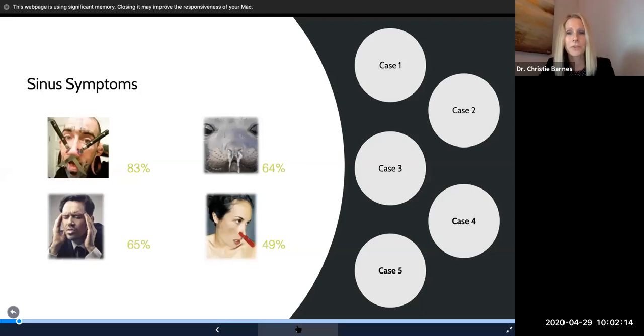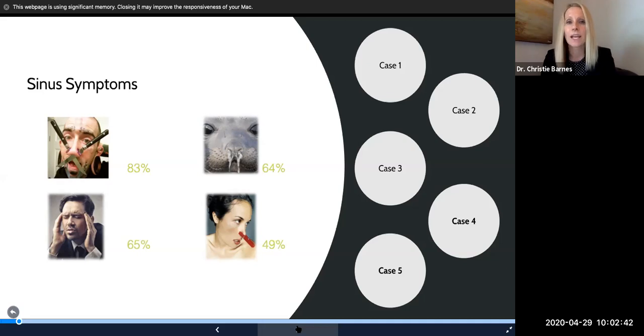So I just want to review sinus symptoms: nasal obstruction, rhinorrhea, facial pain and pressure, and hyposmia or anosmia. Classic symptoms, but not always reported in every chronic rhinosinusitis. Nasal obstruction is most common, occurring in about 83% of patients, and the second most common is actually facial pain and pressure, which is not a very specific symptom.